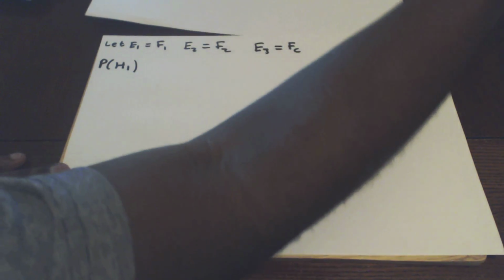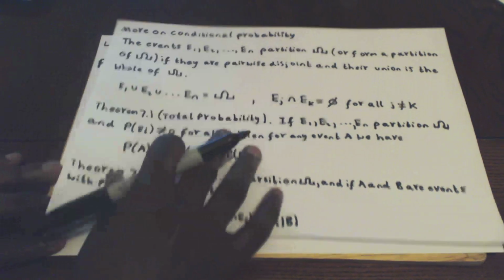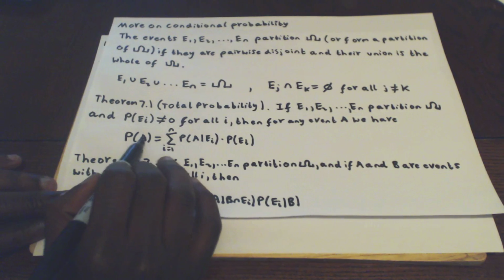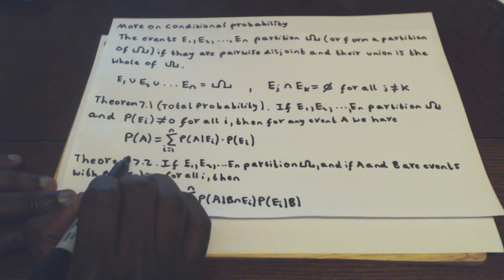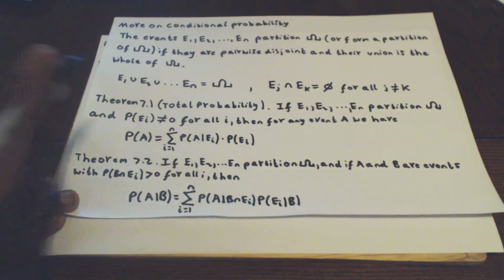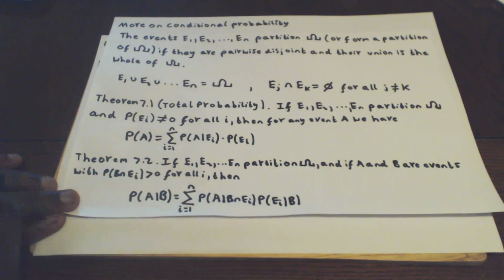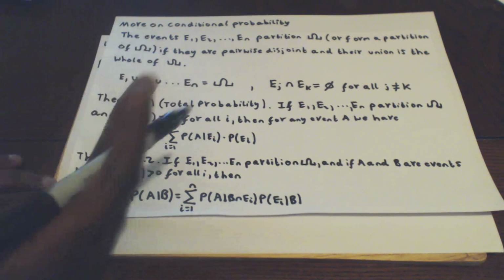Well, by 7.1, our total probability theorem, my A is going to be H1. It's going to be the sum from i equals 1 to 3, because I've got E1, E2, E3. It's going to be the probability of A given Ei times the probability of Ei, and the same for E2, same for E3.